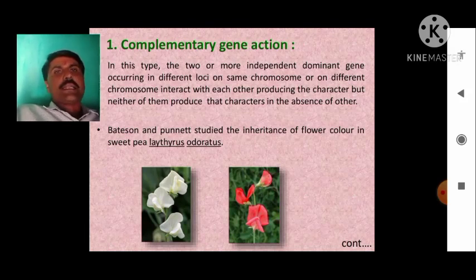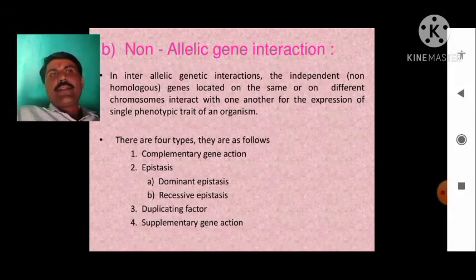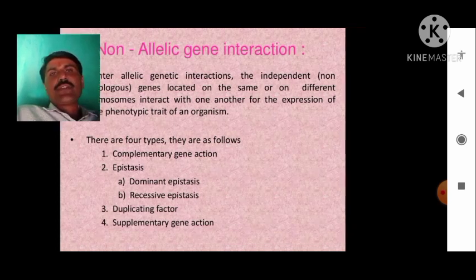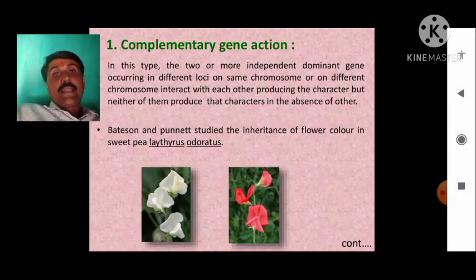Well, while studying non-allelic gene interaction, we saw that independent genes located on the same or on different chromosomes interact with each other for the expression of a single trait in the organism. Then we saw the complementary gene action.